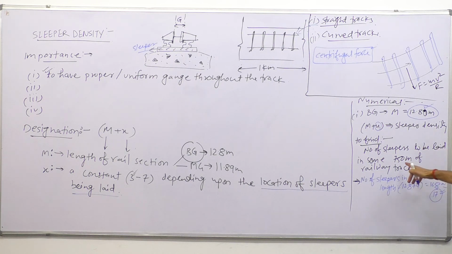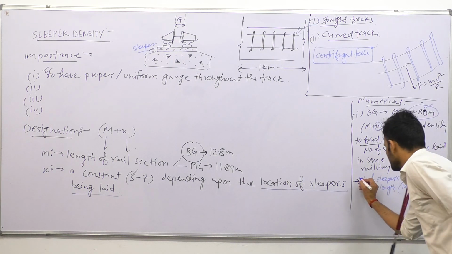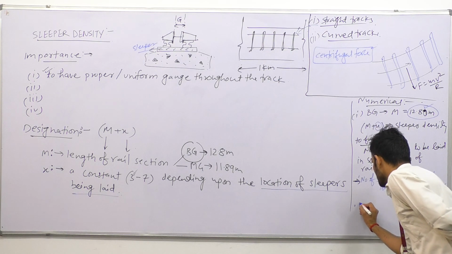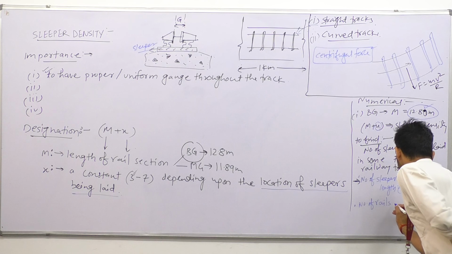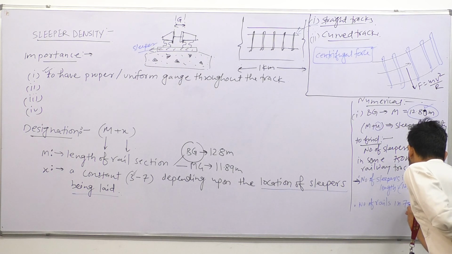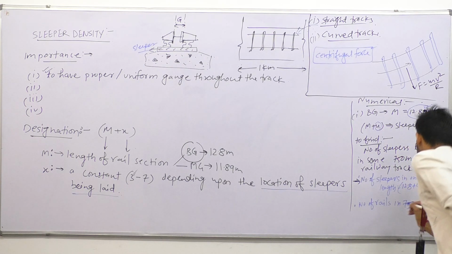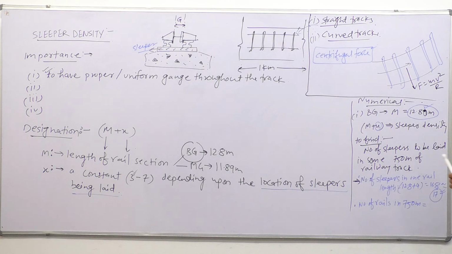The second step is the number of rails required in 750 meters of track. How many rails are required? It can be calculated as 750 divided by 12.8.